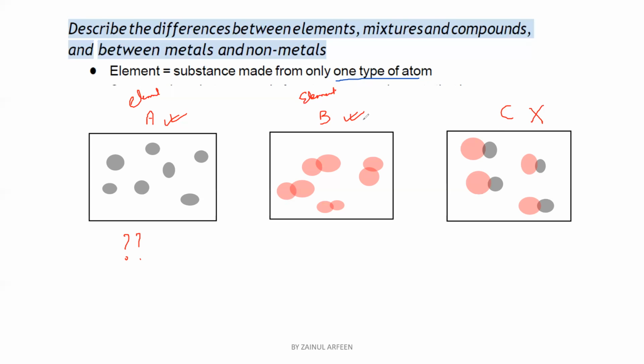So a substance that is made of only one type of atom, and these atoms might be joined with each other or they may not be joined with each other. But if single type of atoms or same type of atoms are there, we call that substance an element.